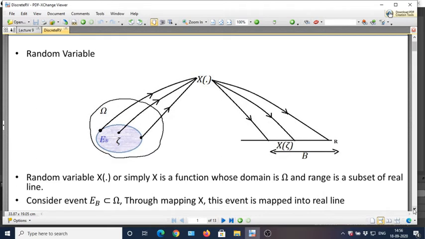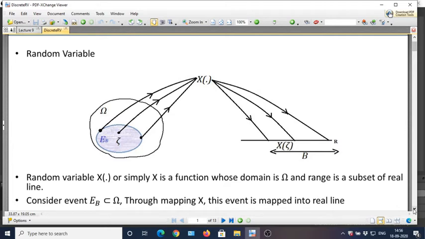So the definition goes as follows: random variable, if you denote the random variable as X, and the notation X(.) means the dot can be any event belonging to the event space.